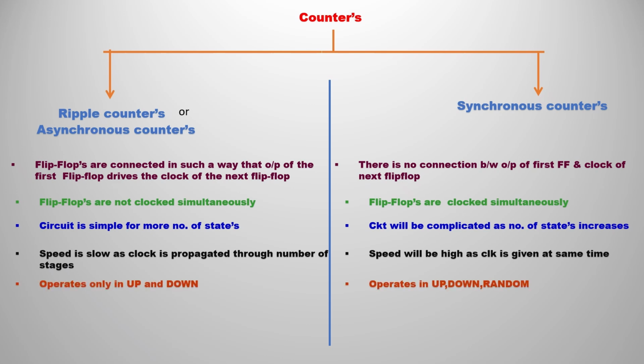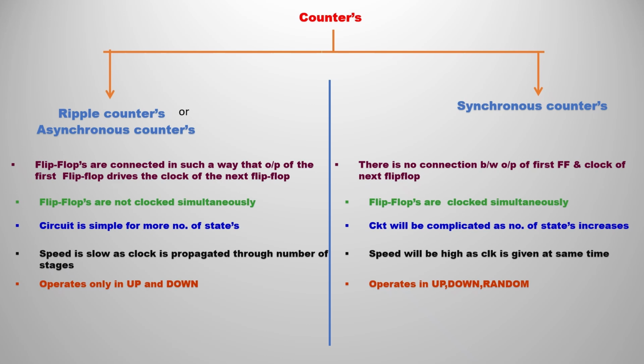The next and foremost very important point in this difference is that asynchronous counters operate only as up counters or down counters. I repeat, asynchronous counters can operate only as up counters or down counters. Whereas with synchronous counters, we can have any kind of operation we want. We can have up counters, down counters, and random counters.